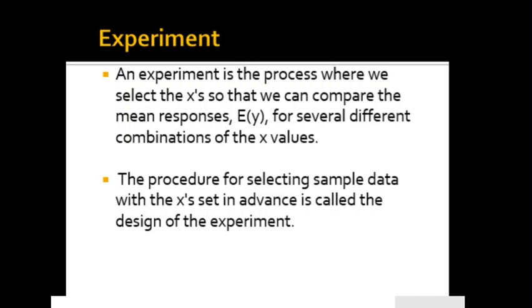So what we are doing is setting these x values in advance and then collecting the response based on these combinations of x values. The procedure of selecting these sample data when we have these x values set in advance is called the design of experiment.